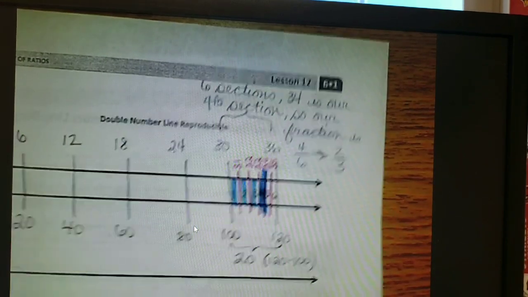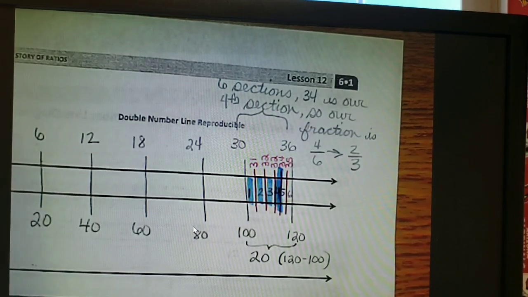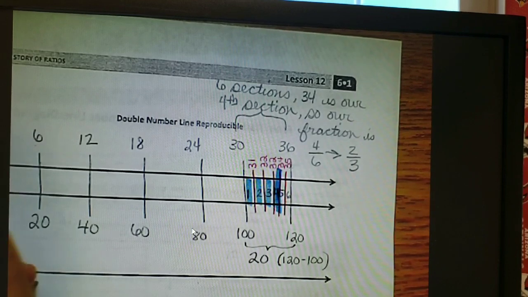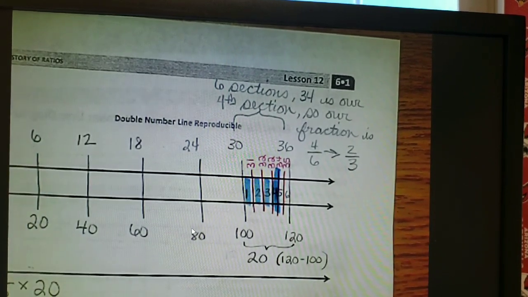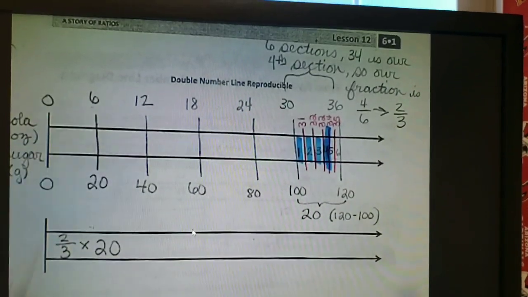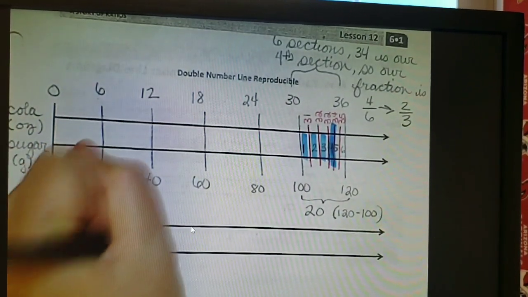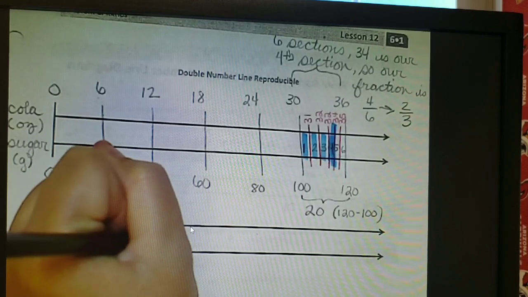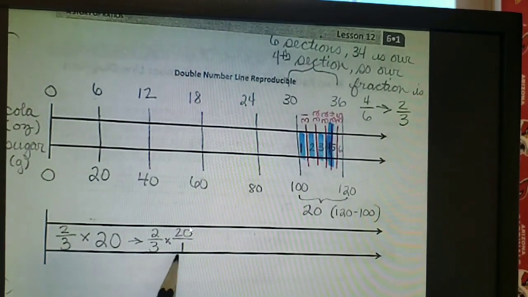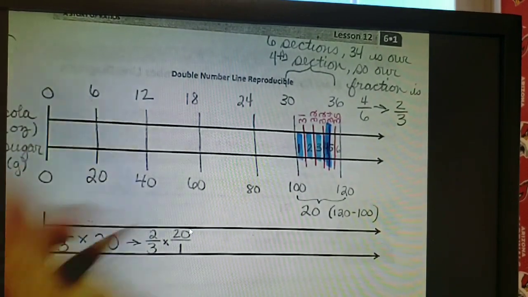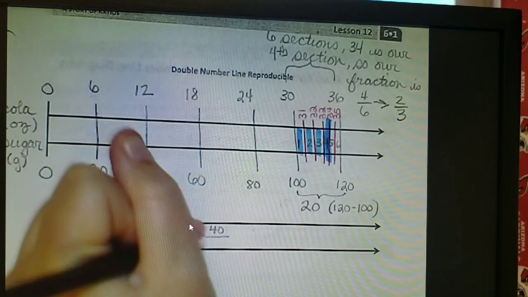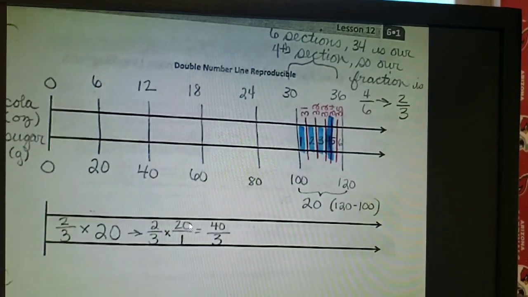It's going to be 2/3 of 20. So we're going to take 2/3 times 20. Okay. We don't multiply whole numbers times fractions. So we need to write this as 2/3 times 20 over 1. Okay, we always put a 1 as the denominator because it doesn't change the value, which equals 40 over 3.